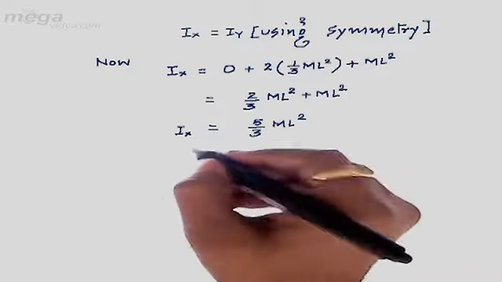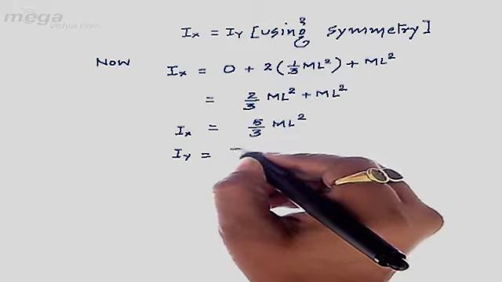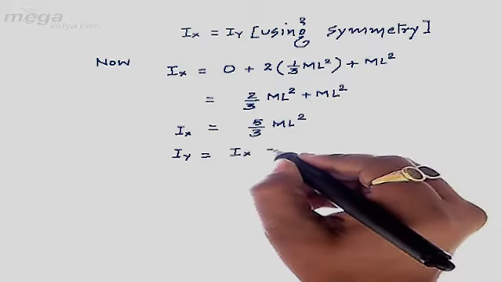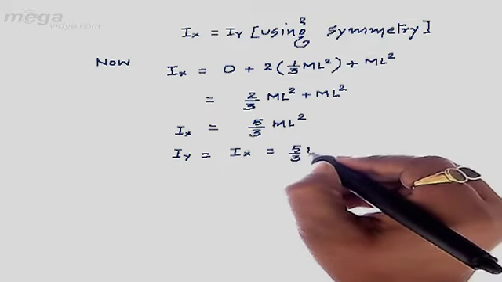Again, the moment of inertia along the y-axis is equal to the moment of inertia along the x-axis using the symmetry relationship. So the moment of inertia along the y-axis will also be 5/3 ml².